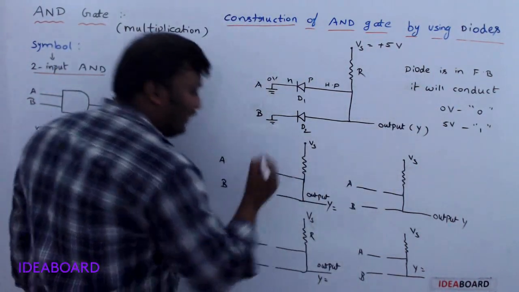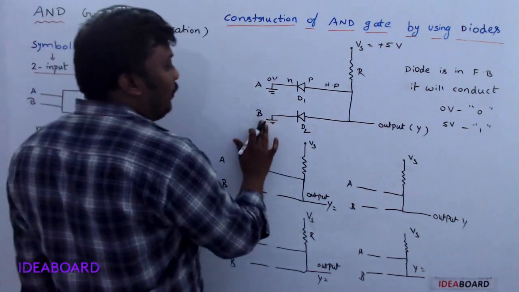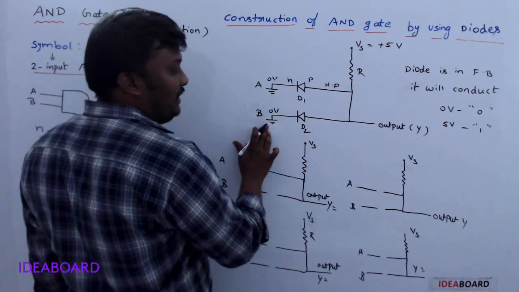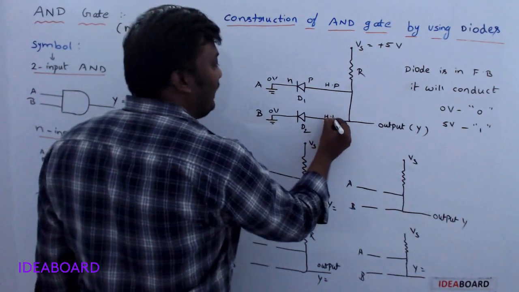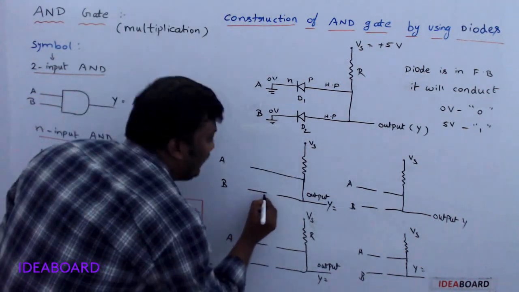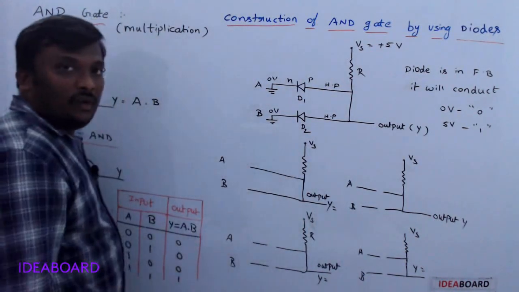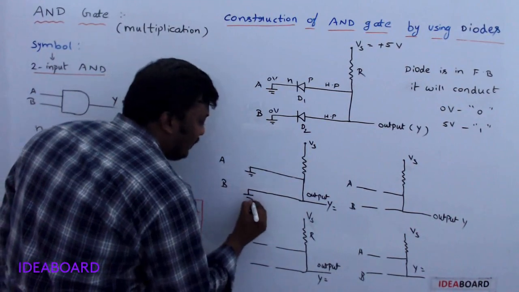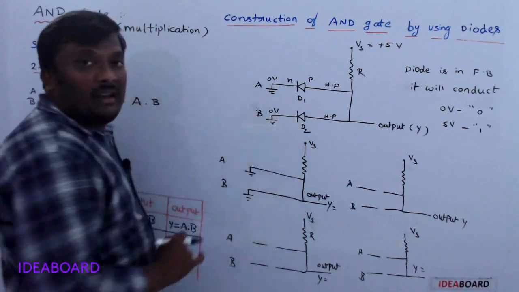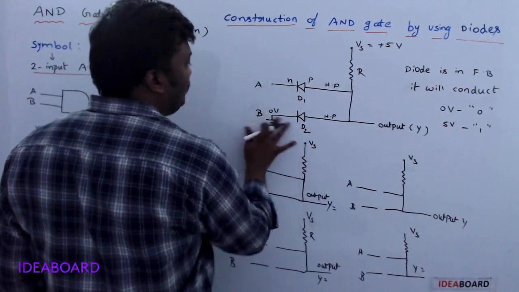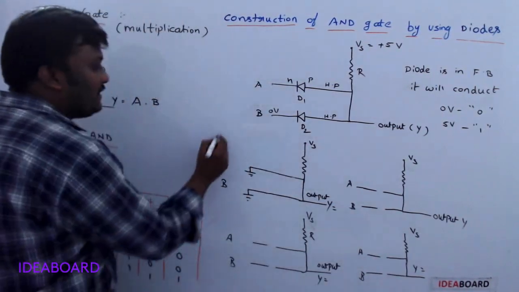D1 forward bias means it will conduct. What about B? B is also grounded because it is 0 volt, and P is at higher potential. So D2 is also in forward bias, and it will conduct. So A is connected to ground, B is connected to ground. Understand now? So what is the first case?